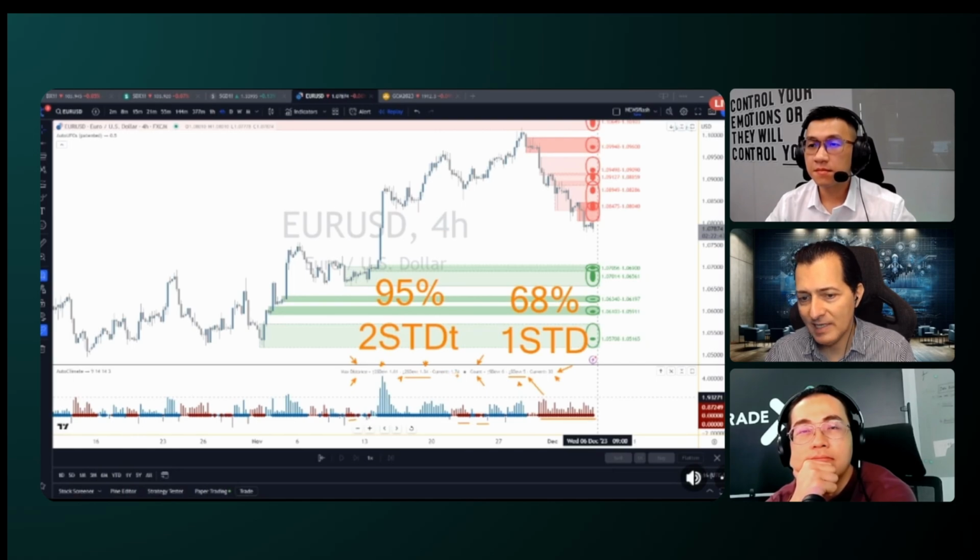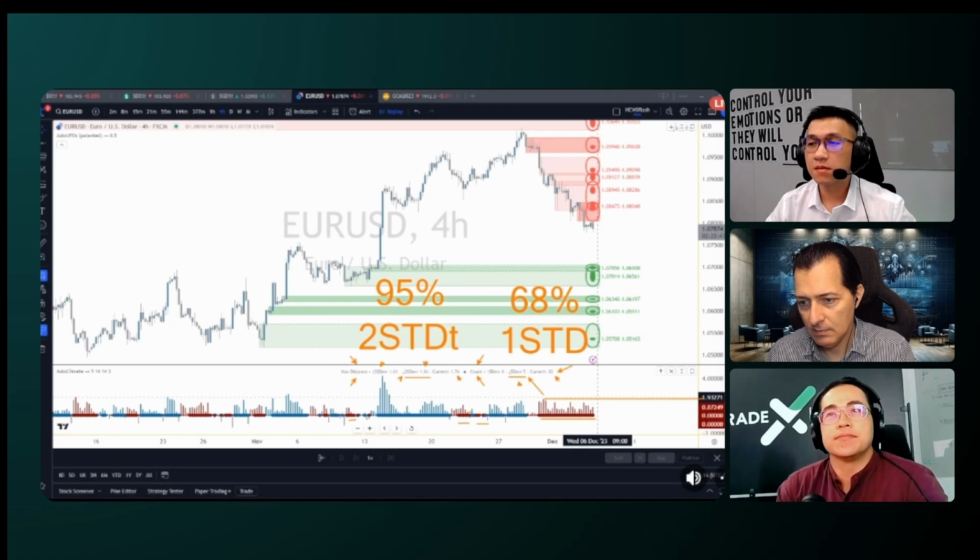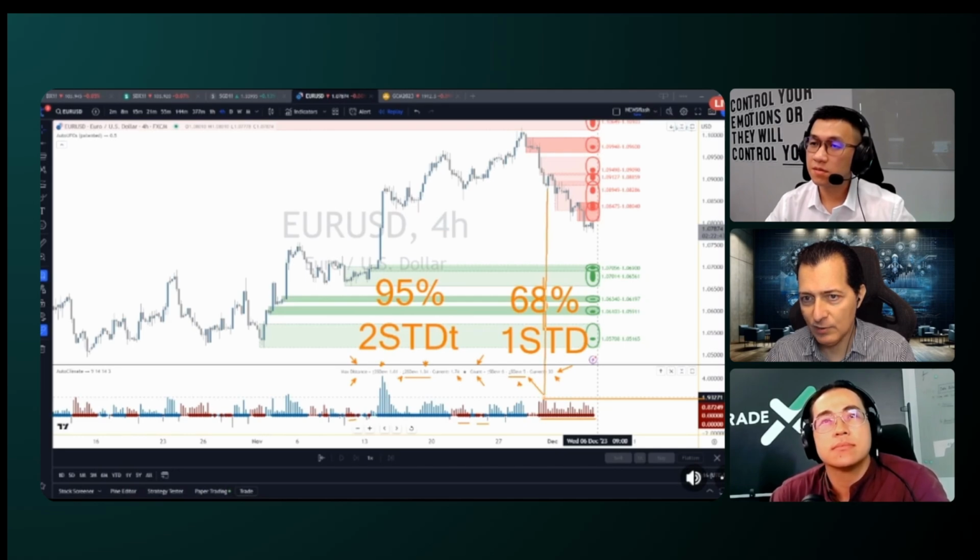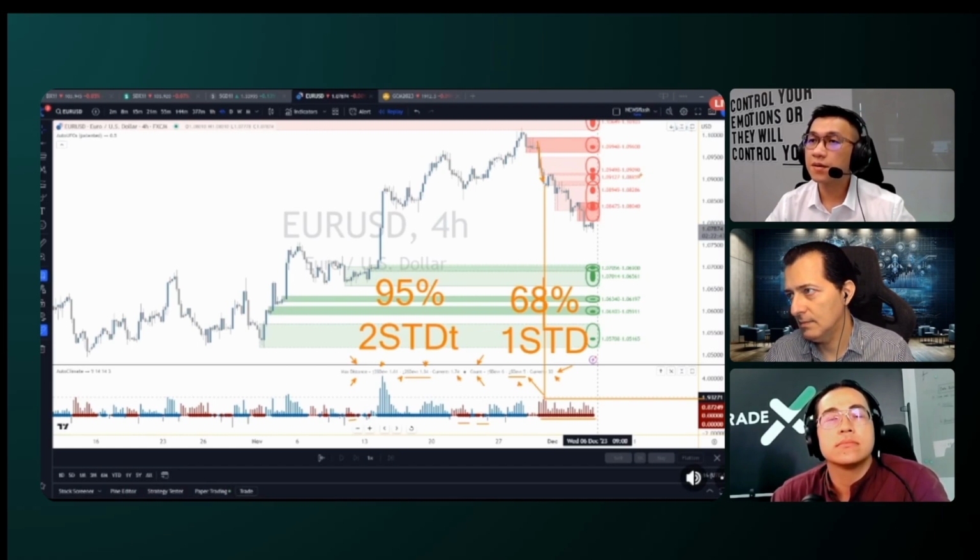The maximum extension of this climate, which was on this candle, was 1.74. Sorry for so many lines. So this type of a move was classified as too far, too fast.